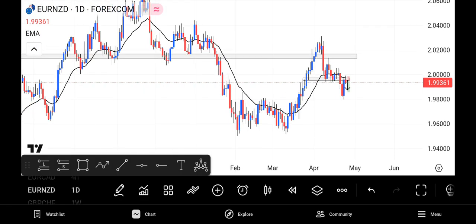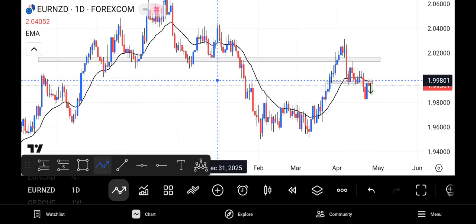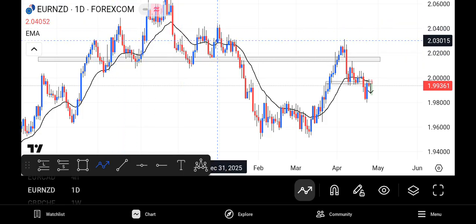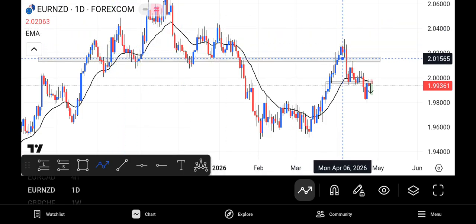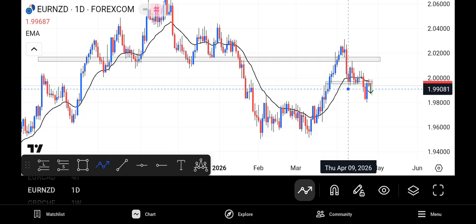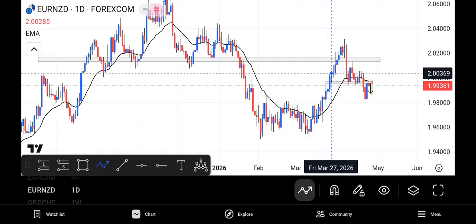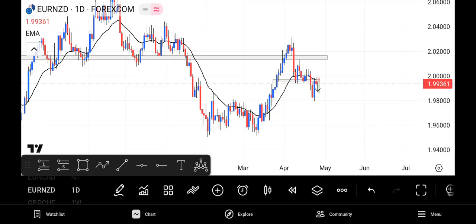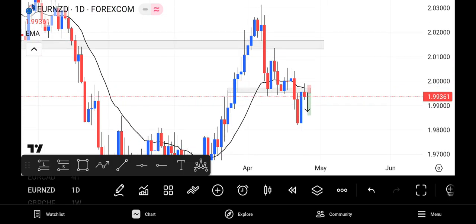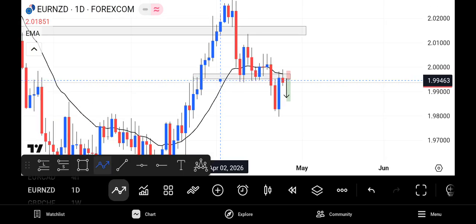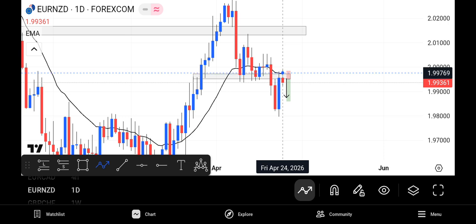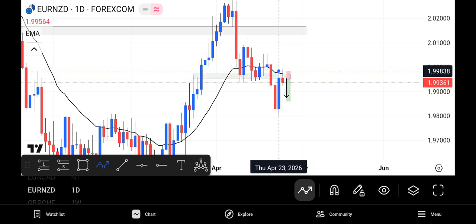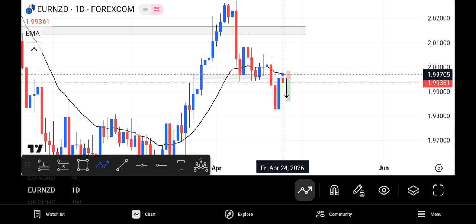Whenever the market is at this point right here, we head to the upside, and now the market rejected going to the upside. Now it's bearish, so we will sell Euro NZD, because it's giving us a clear confirmation. The daily time frame also closed bearish with an EMA rejection from this candlestick right here.